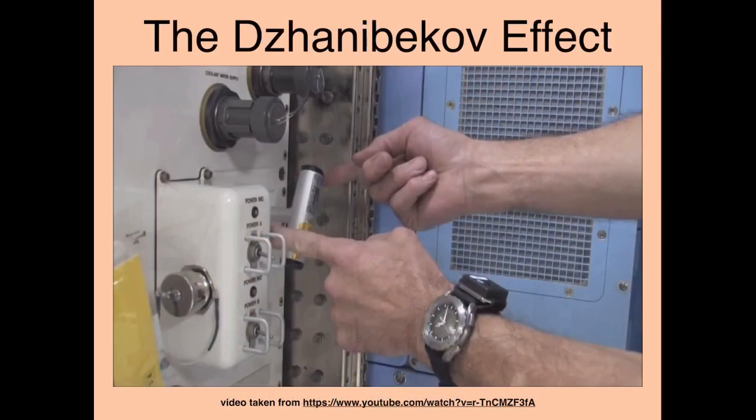So if you analyze the equation that I showed you on the previous slide, you can get a lot of really interesting and counterintuitive results out of that. And I just want to talk about one of those results. This is called the Dzhanibekov effect. I'm not sure if I'm pronouncing the name right. This was named after a Russian astronaut who first noticed this effect while he was on board a space station.